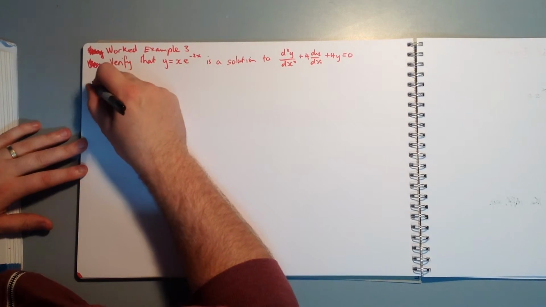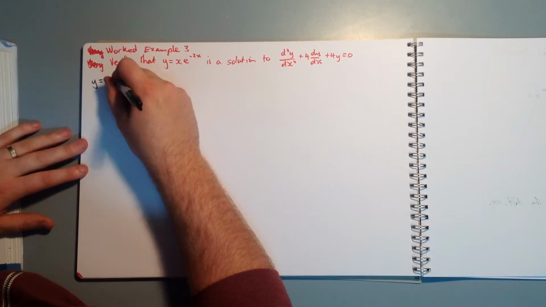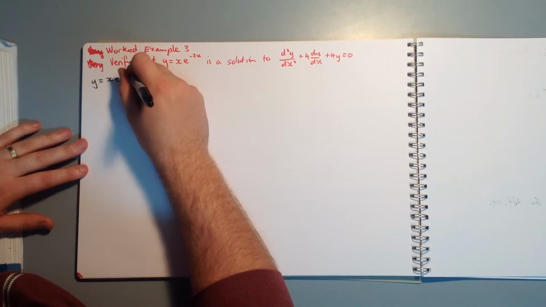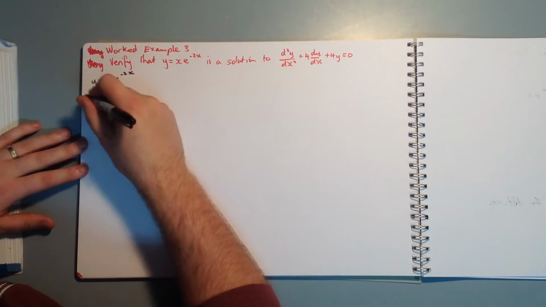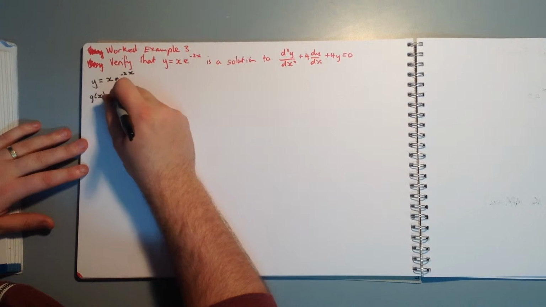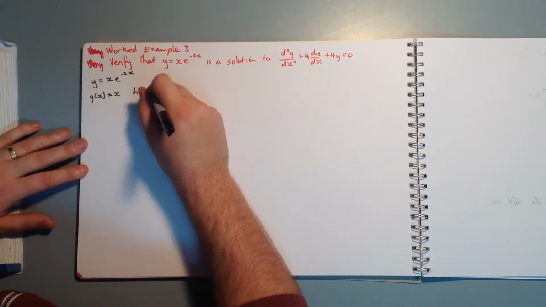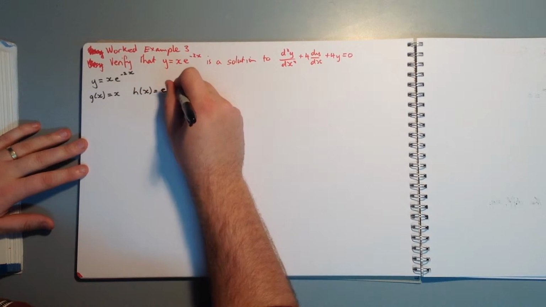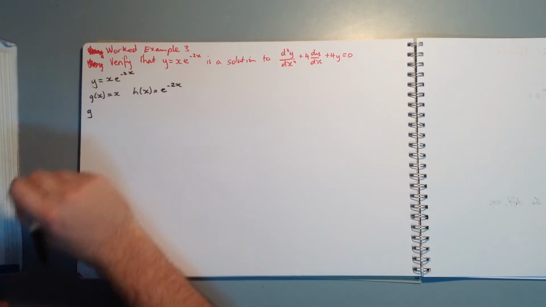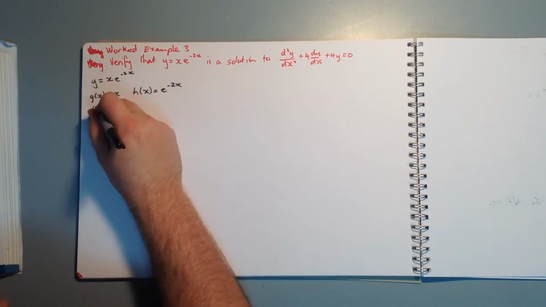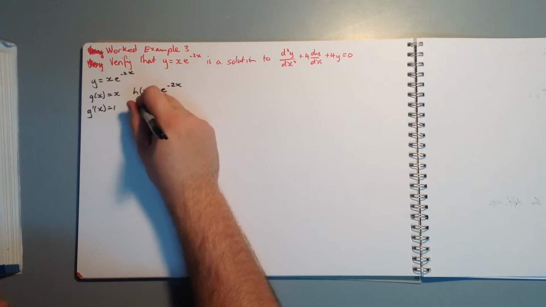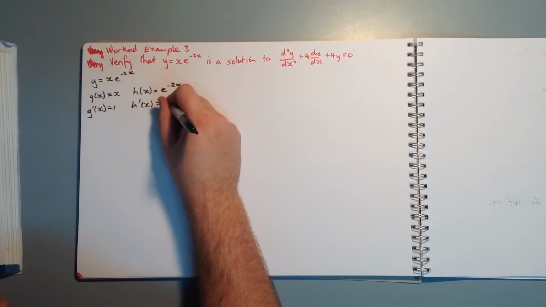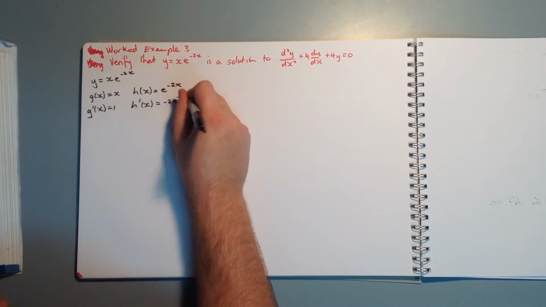So y equals x e to the negative 2x. Let g of x equal x, h of x equal e to the negative 2x. That means g dash of x is equal to 1, h dash of x is equal to negative 2e to the negative 2x.